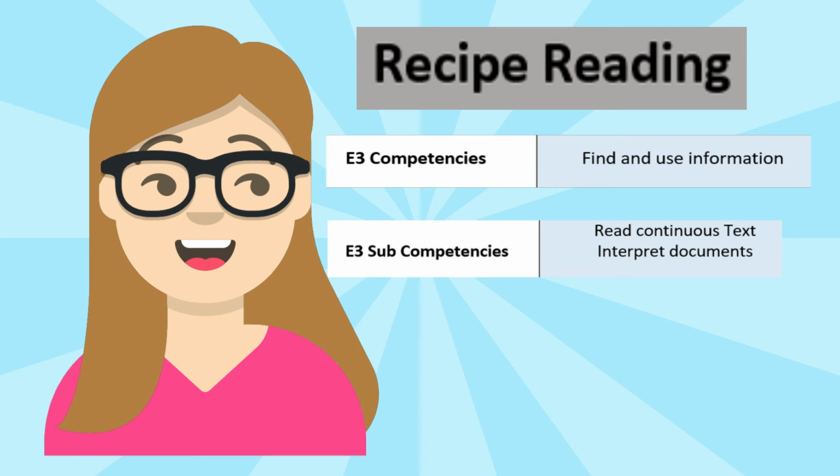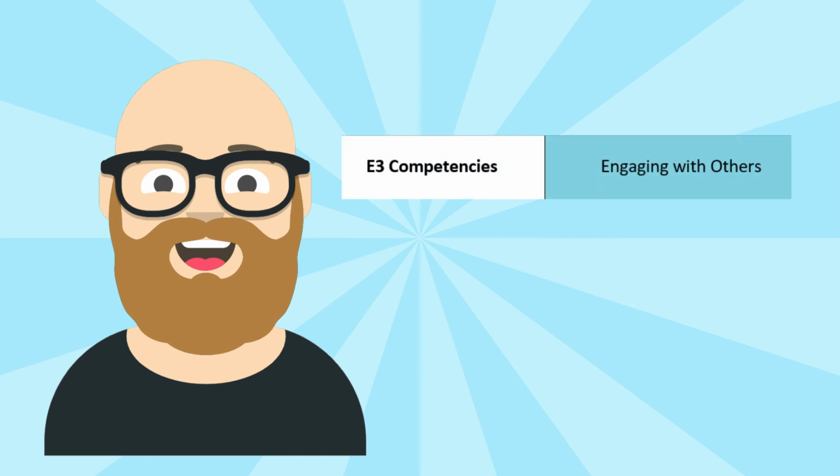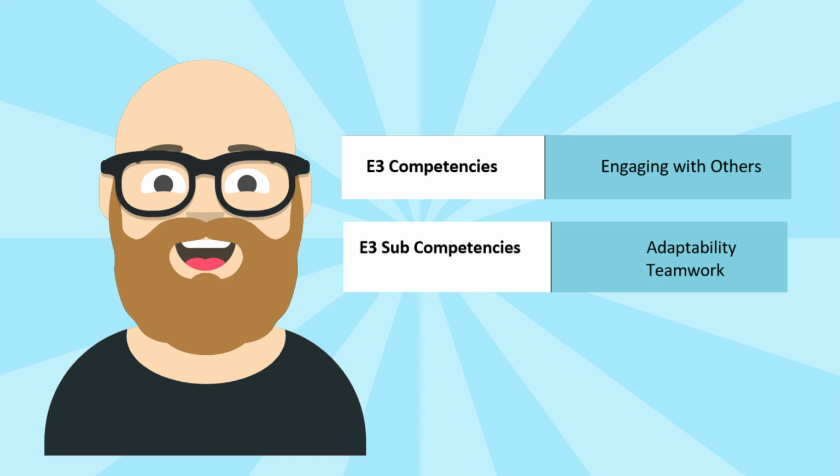Previously, this would have fallen under the essential skills reading and document use. But now, as previously stated, this would fall under the E3 competency find and use information. The third and final E3 competency that we'll be discussing is engaging with others. The sub-competencies and abilities that were demonstrated in this lesson were adaptability and teamwork.